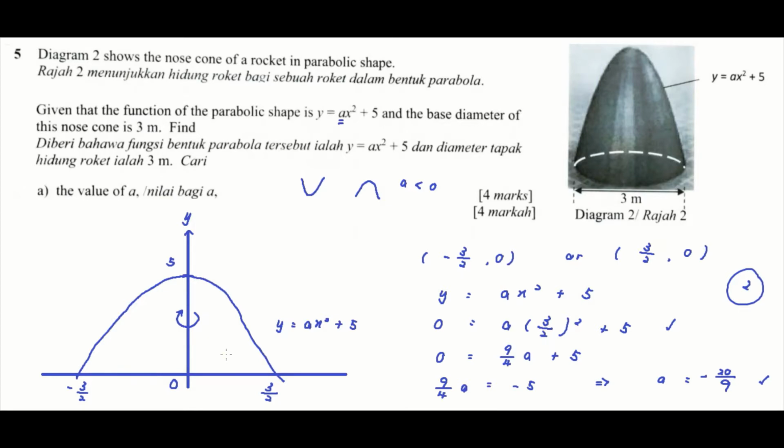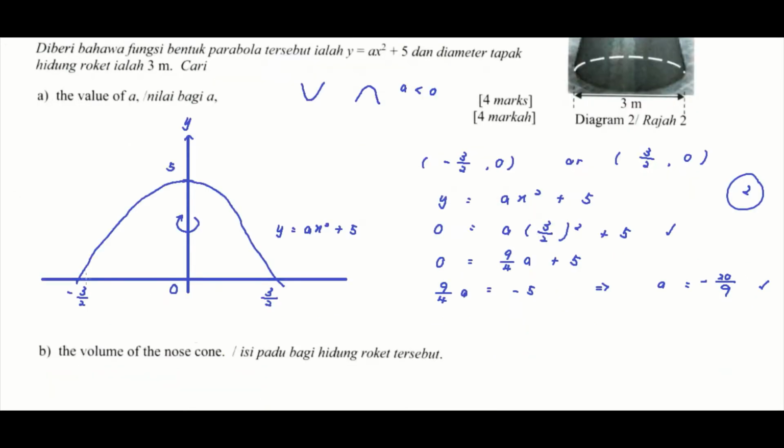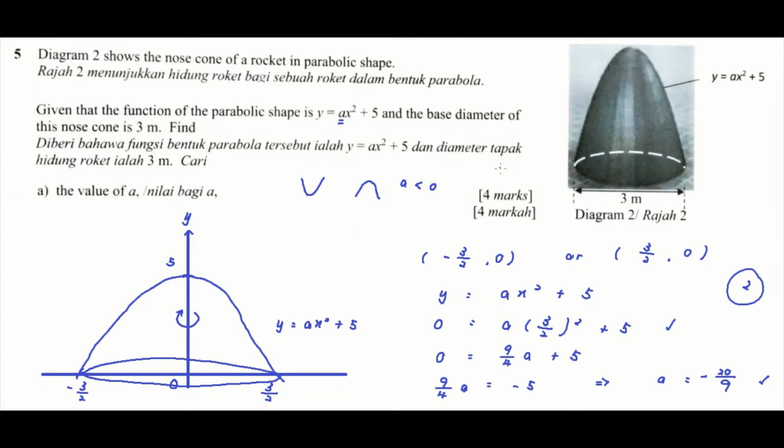You can imagine how this works: for example, here, after I revolve, I'll be able to get to the other place, then I come back over here, a full 360. This is how I get the shape of the cone here.